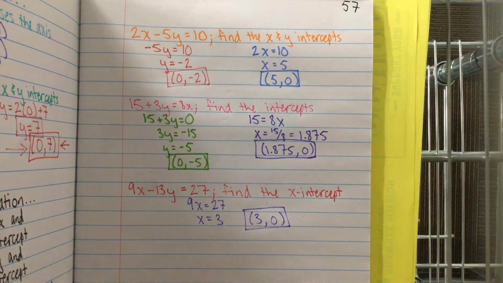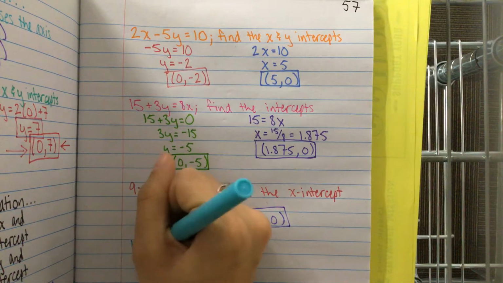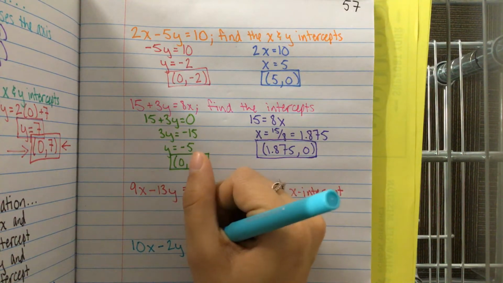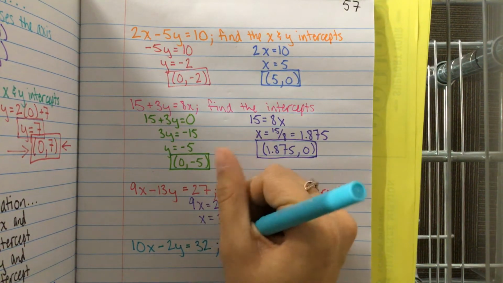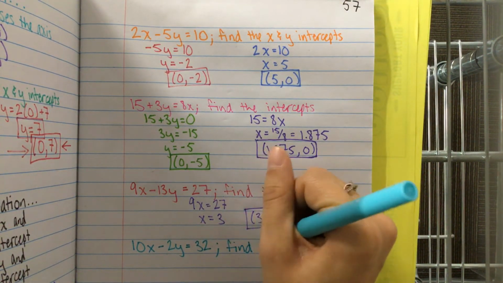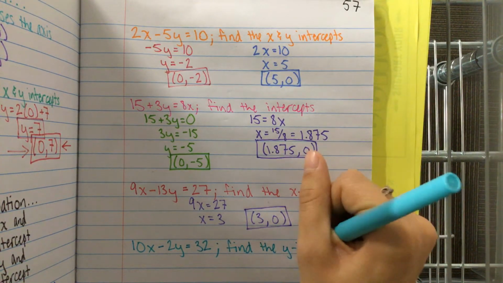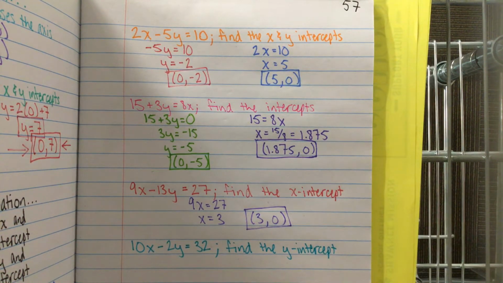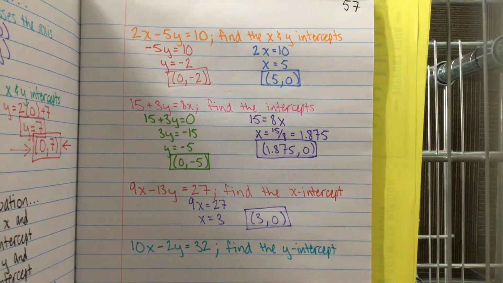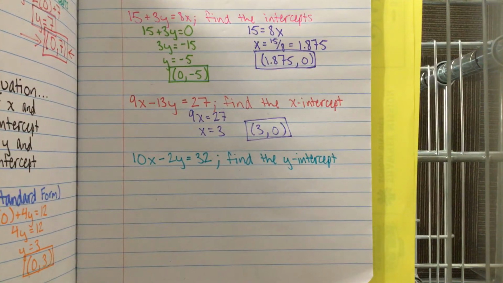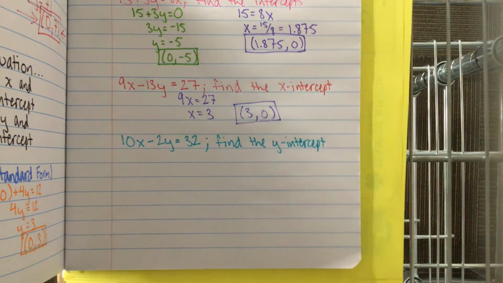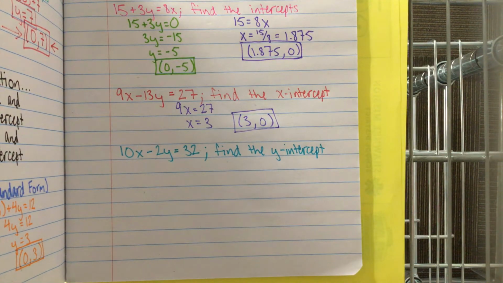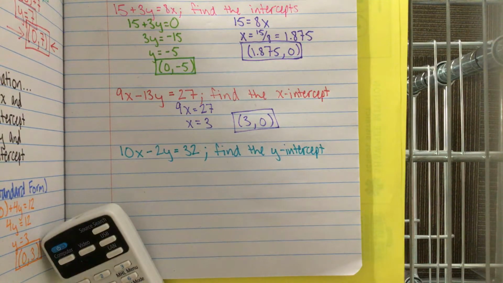Let's do 10x minus 2y equals 32. Check your answer with what you have on board.